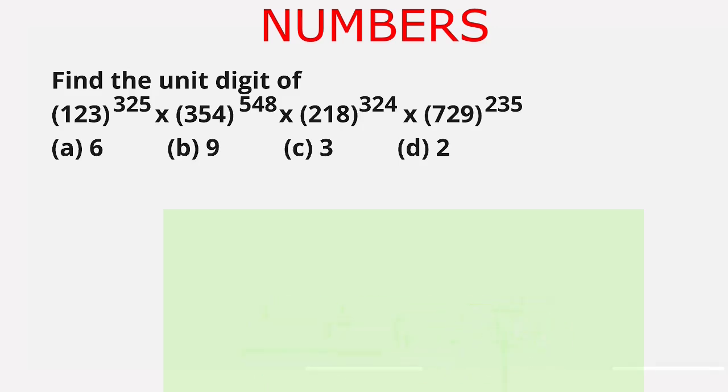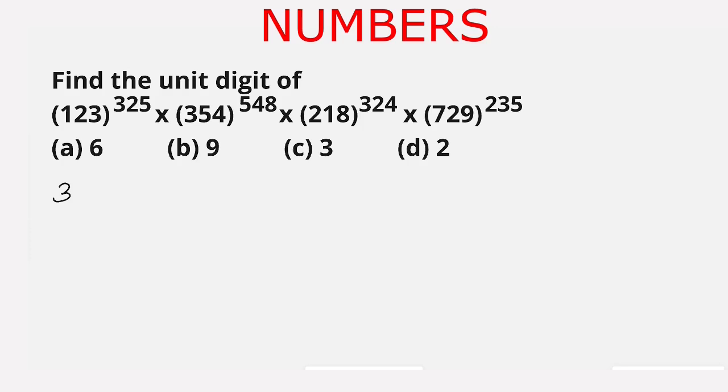As we have to find the units digit, we will consider only the unit digit of the given constituent numbers. The first number is 123 to the power 325. So we will write it as 3, as the ones place of 123 is 3. And we know that whenever the ones place is 3, it repeats itself after every fourth power.